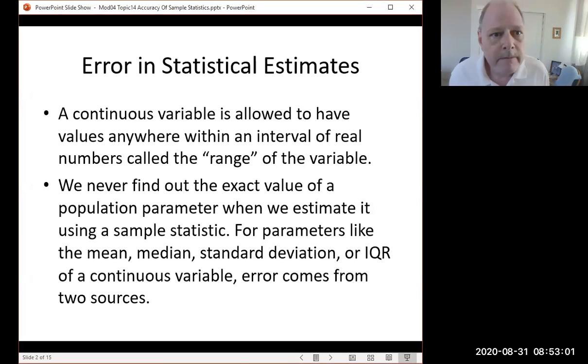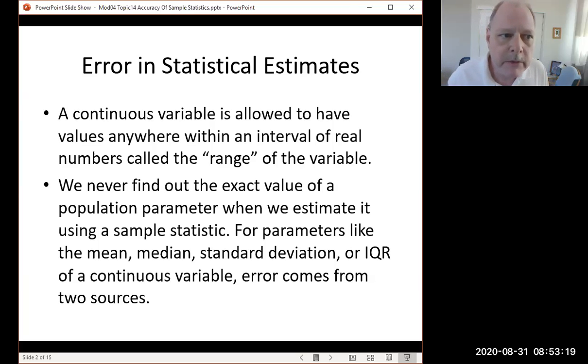And so statistical estimates come with some error, and much of what we do in the course is going to be about understanding how much error to expect.